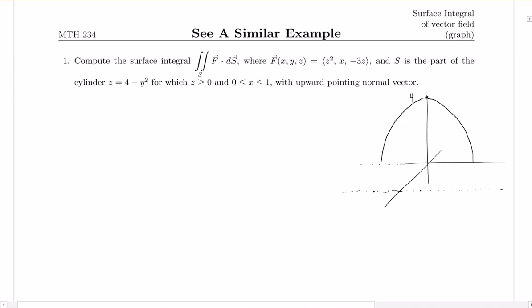And here's the parabola, z equals 4 minus y squared, and we drag it in the x direction. So here's our surface. So we have this parabolic cylinder.